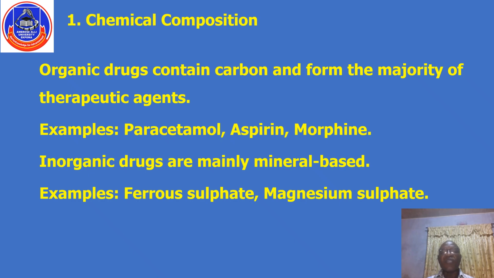Now, organic drugs contain carbon and form the majority of therapeutic agents. Examples include our popular paracetamol, aspirin, morphine that are used to reduce pain. Inorganic drugs are mainly mineral-based. Examples are ferrous sulfate, magnesium sulfate, and so on and so forth.